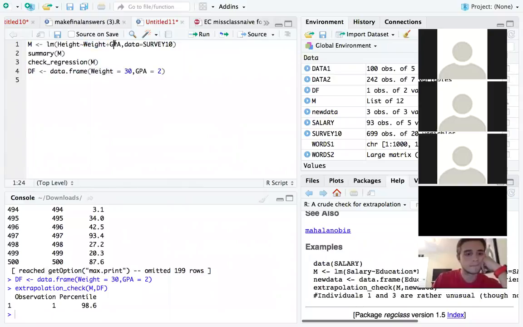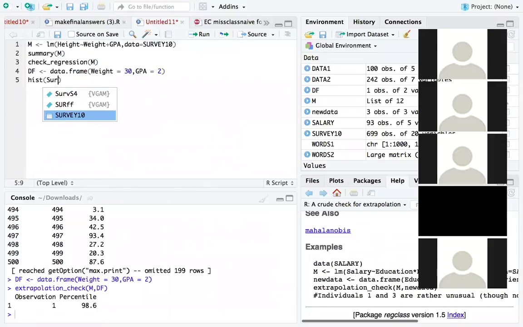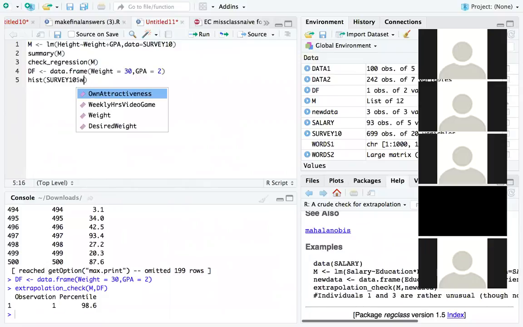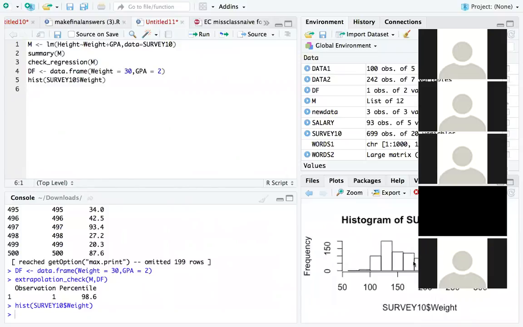So we actually went into the world of multiple regression, but Petri had it coded in, so it had to take more than 2, which actually kind of makes sense because you could check to see if something is an outlier in weight by simply making a histogram of weight and checking its percentile. So you could just go to survey 10 and look at weight to see if we're extrapolating on weight.